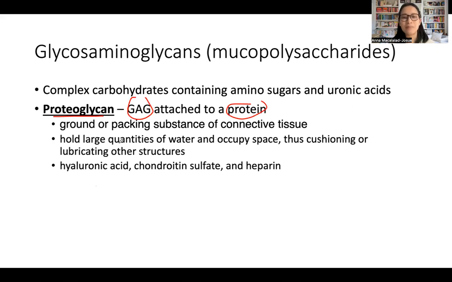This type of connective tissue is rich in proteoglycan, and it can hold large quantities of water and occupy space, thus cushioning or lubricating other structures. An example would be hyaluronic acid, chondroitin sulfate in your cartilage, as well as your heparin. Hyaluronic acid in the skincare industry is very popular because it's a very good moisturizer, because it absorbs a lot of moisture.